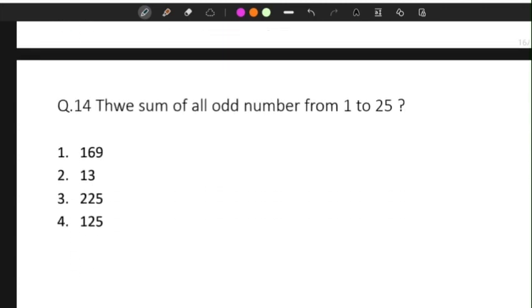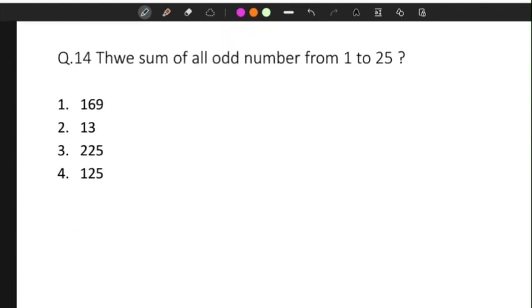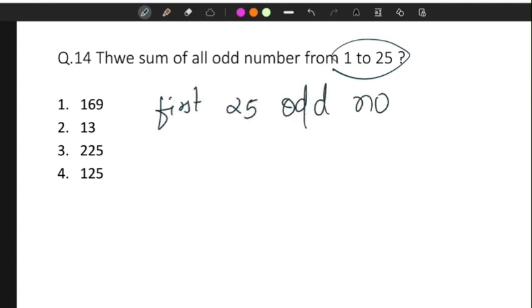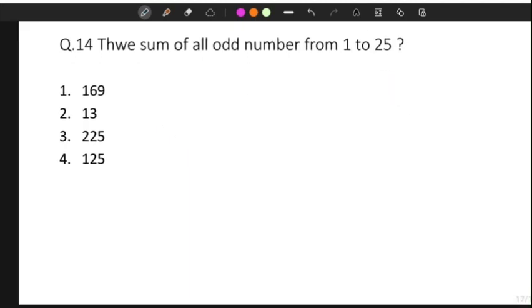Got it? The next question is again based on the same concept. They have asked us to find out the sum of odd numbers from 1 to 25, that is, the first 25 odd numbers. From 1 to 25, how many odd numbers are there?